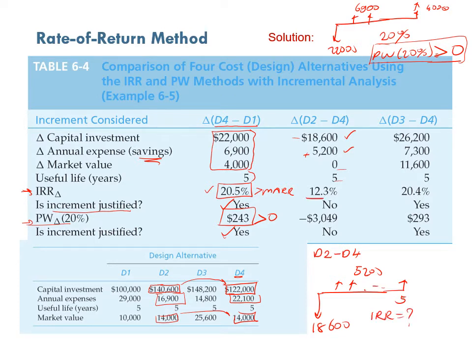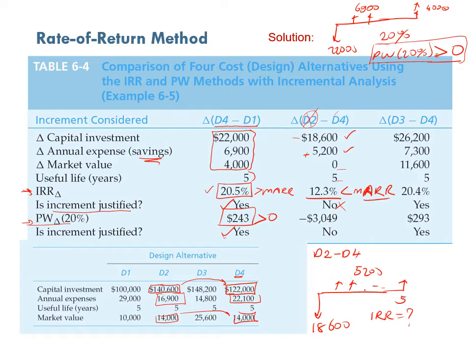And we find it to be 12.3. And this one is less than 20%, which is MAR. Since it is less than MAR, we say that the increment is not justified. What does it mean? We cannot prefer D2 over D4. We continue with D4. D4 is still our base project.